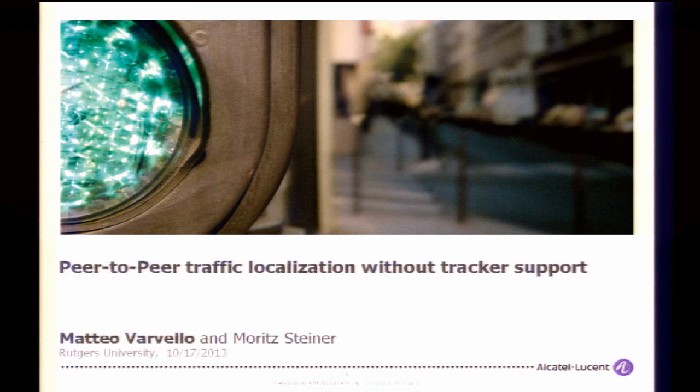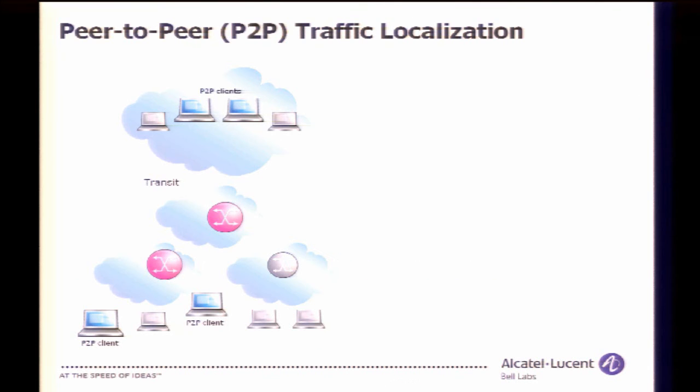First of all, I'm going to try to motivate. Let me first introduce which kind of traffic we're talking about and what peer-to-peer traffic localization is. Here we have a very simple representation of the internet. We have different ISPs with some peer-to-peer clients and a transit ISP. When you try to get some content in a peer-to-peer network, this is what might actually happen.